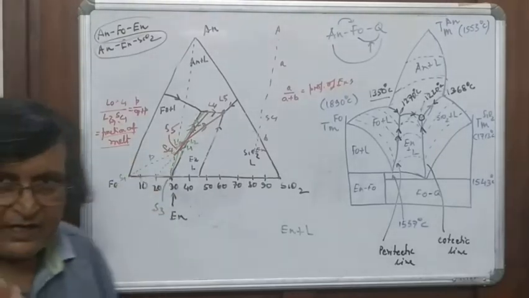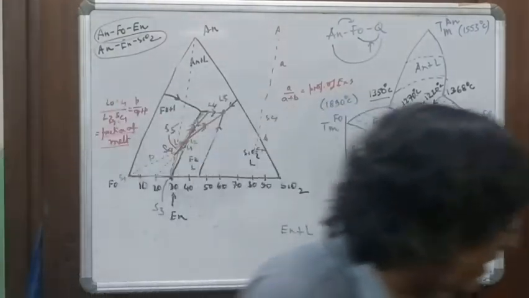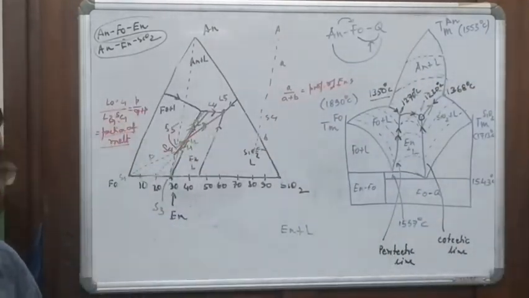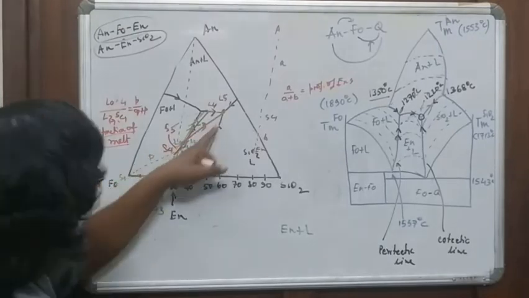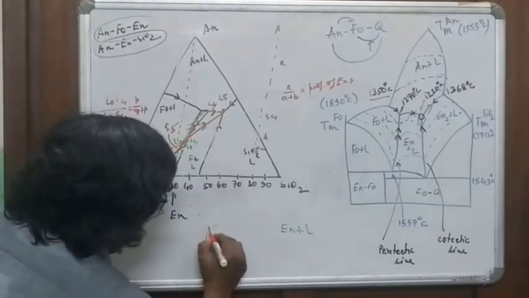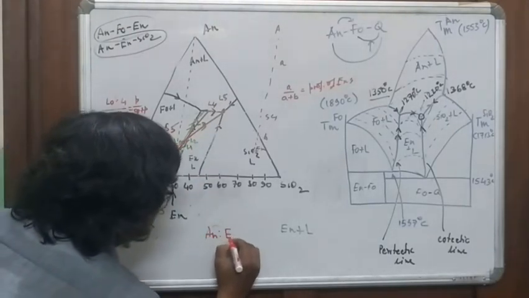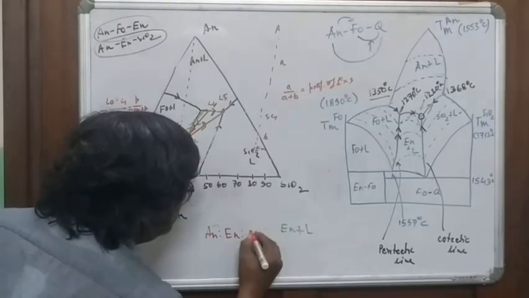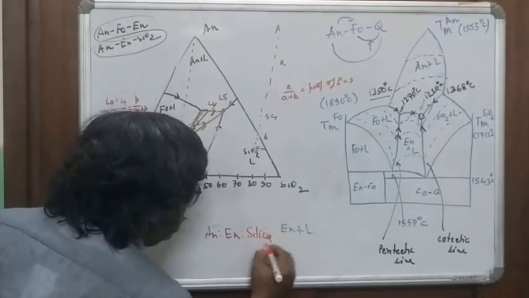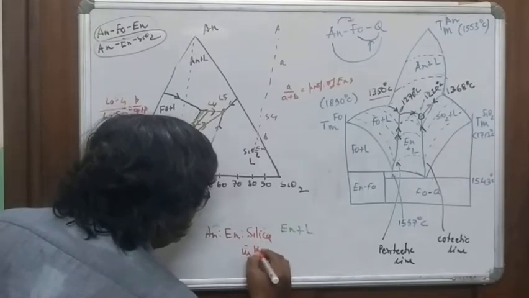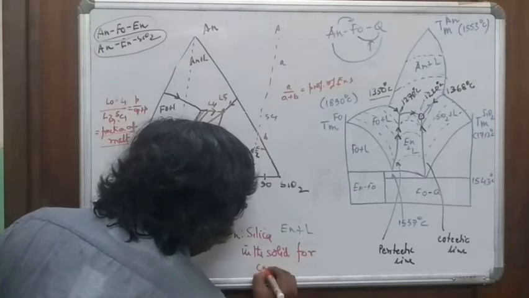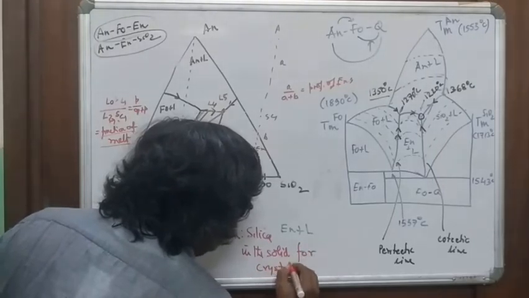Now I will leave today's class with a question. How will you find out the proportion of anorthite to enstatite to quartz or silica, this ratio in the solid for crystallization at the eutectic?